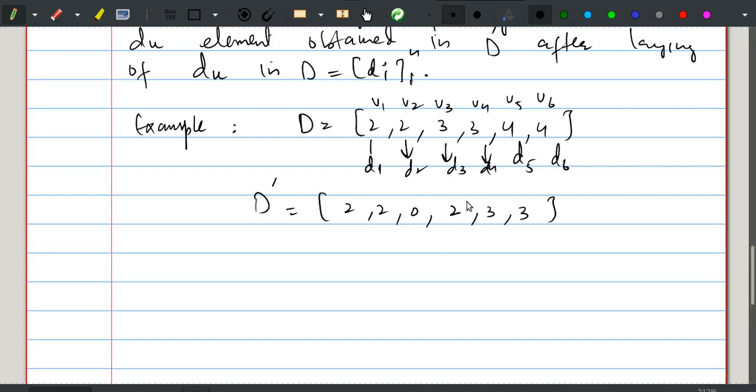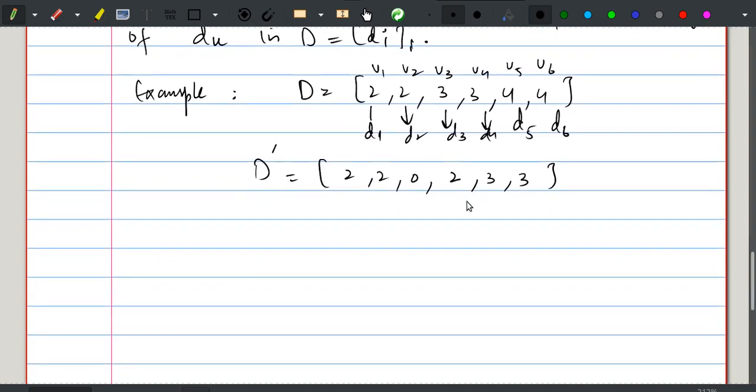Then h3 will be the graph on the vertex set v1 through v6. This v3 here has degree 0.